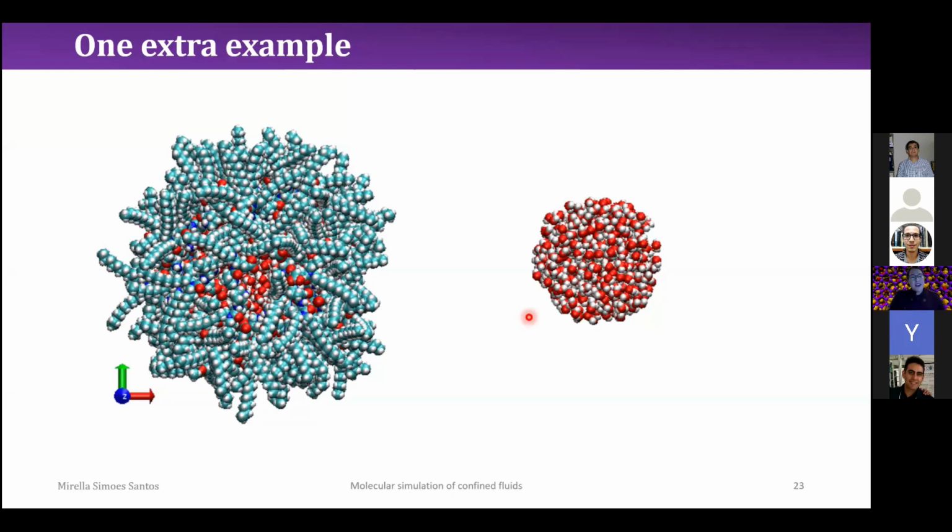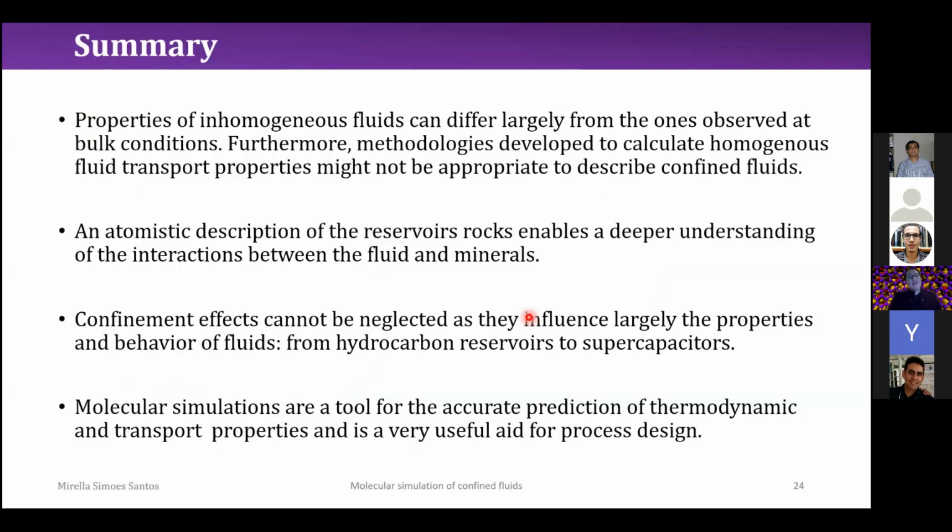And so our final remarks, or a summary of this talk, are that the properties of inhomogeneous fluids can differ largely from the ones that we observe at bulk conditions. And besides that, the methodologies that are focused on describing homogeneous fluids cannot be applied to describe confined fluids, and that's why it is so important for us to have methodologies that are able to predict the properties of confined fluids.